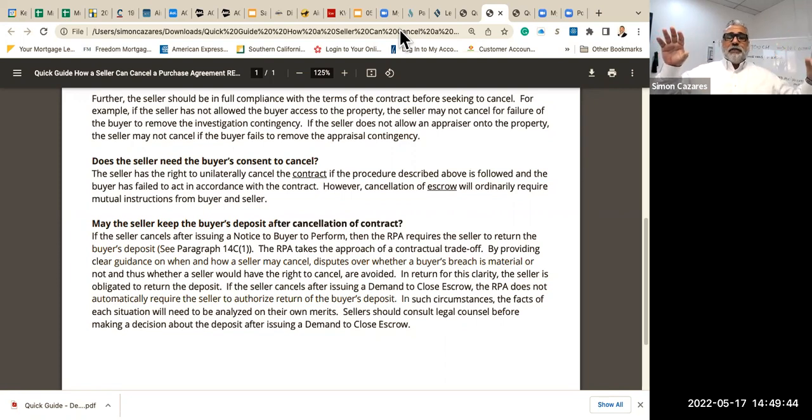Even though the seller and the listing agent said, while the buyer was in breach, they did not fully perform, we had the right to exercise and cancel. And it was back and forth for 4 months.